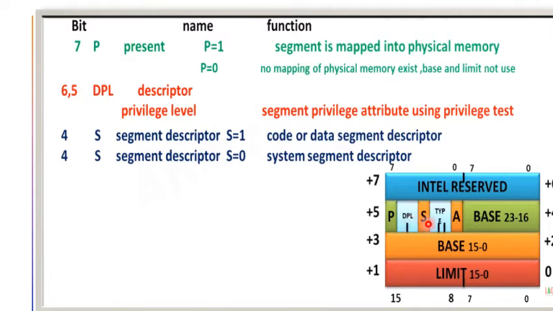Next, bit number 4 is the segment descriptor bit S. When S is equal to 1, a code or data segment descriptor is selected. When S is equal to 0, a system segment descriptor is being used.